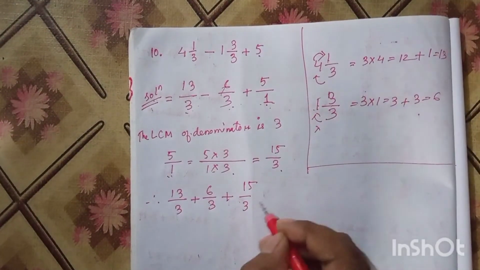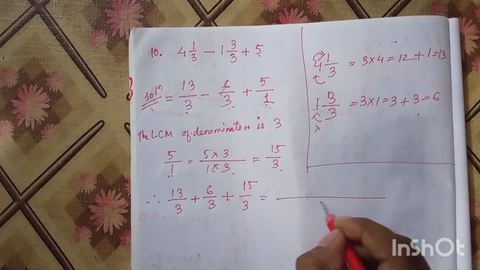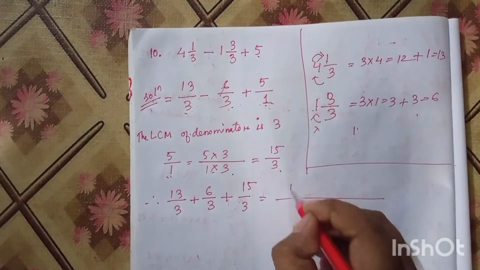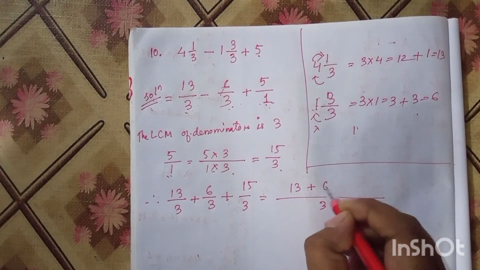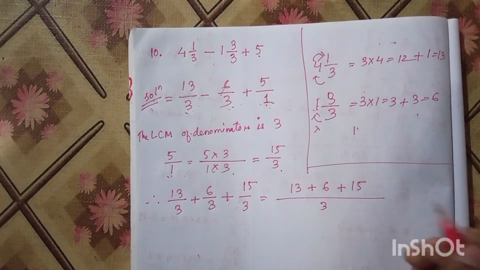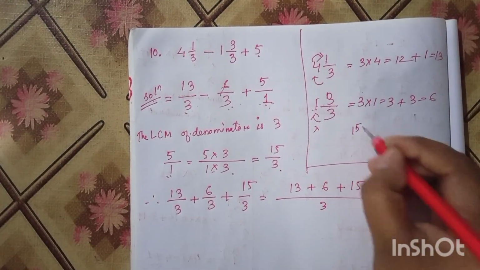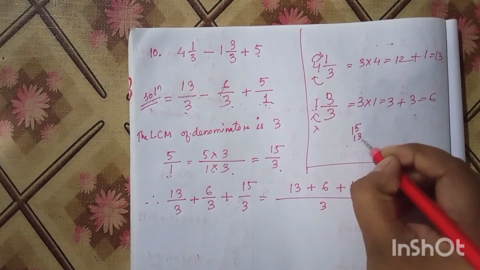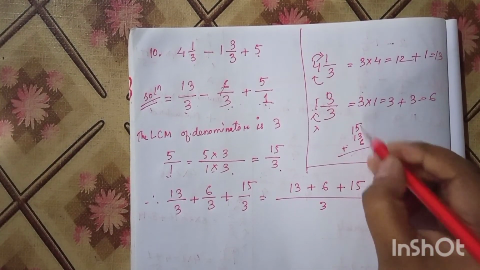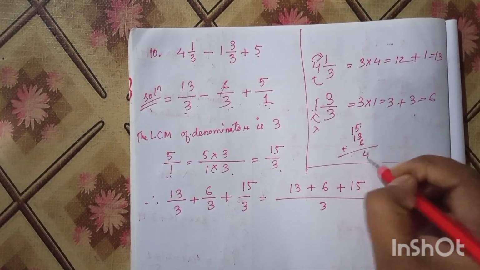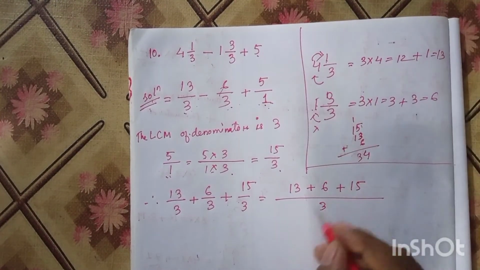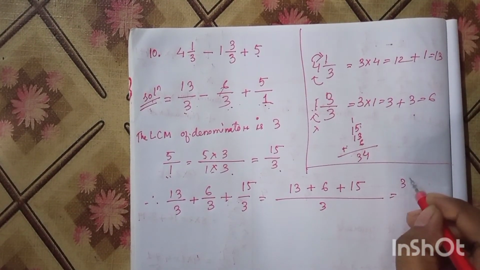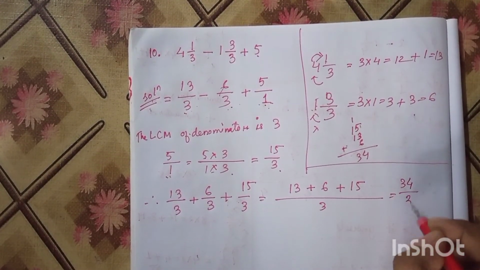Alright, now add this: 13 plus 6 plus 15. 6, 11, 12, 13, 14, carry 1, 3. It's 34 by 3.